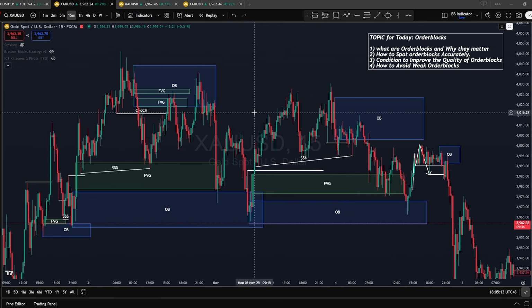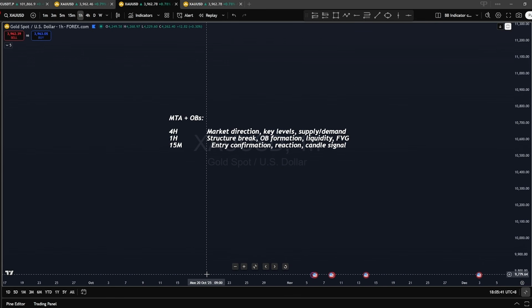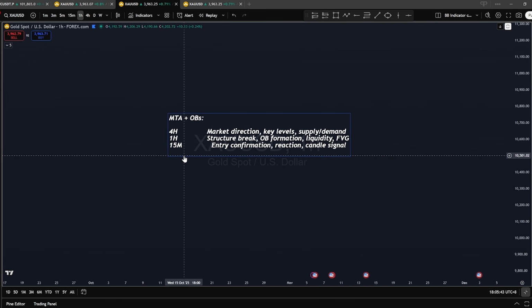You want to see a structure break, number 1. Number 2, you look for fair value gaps to show you that the origin of the move is strong. It pushed. Number 3, look for liquidity: equal highs, equal lows, or fair value gaps. Number 4, your added one that we talked about, multi-time frame analysis: 4 hour, 1 hour, 15 minute.